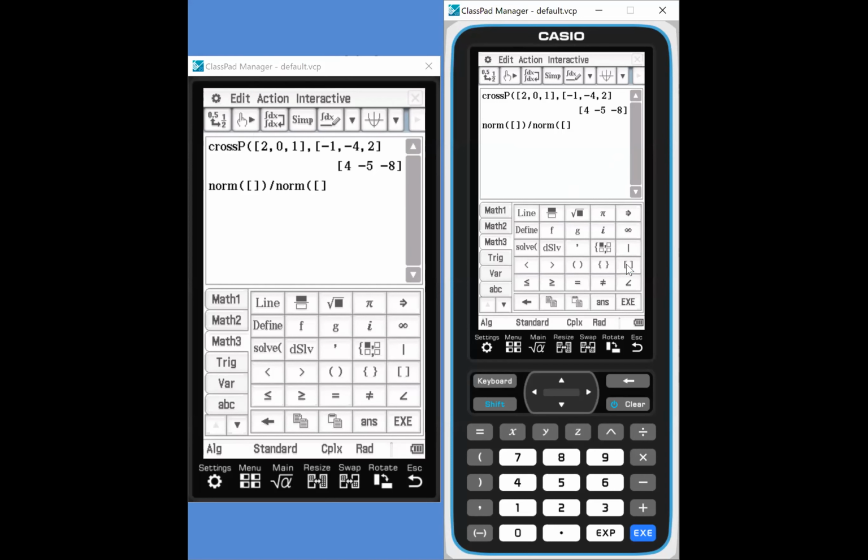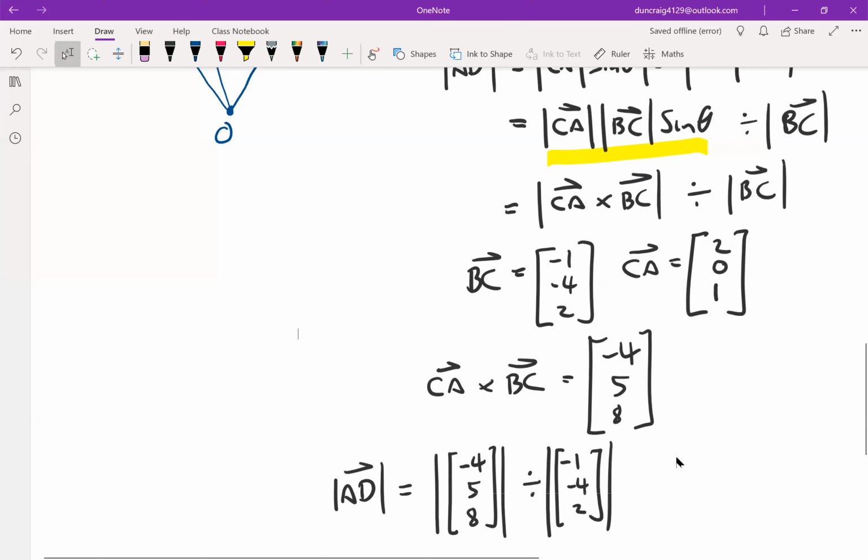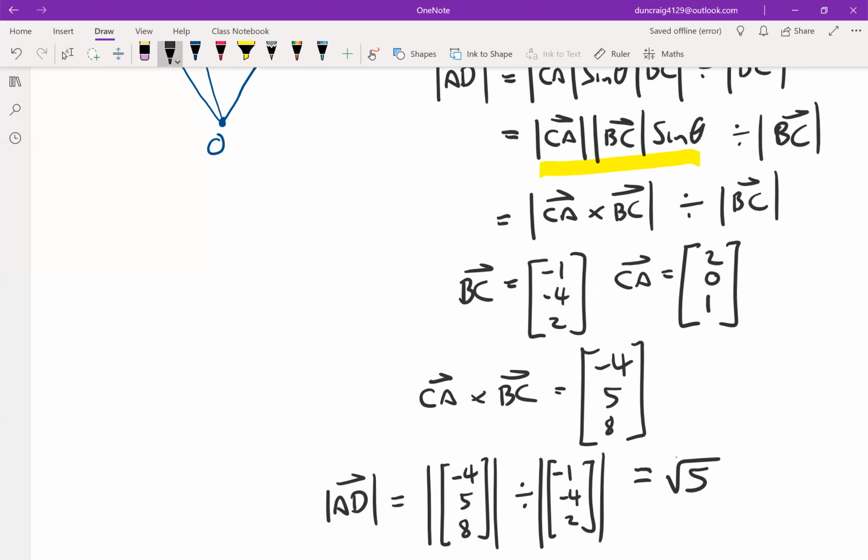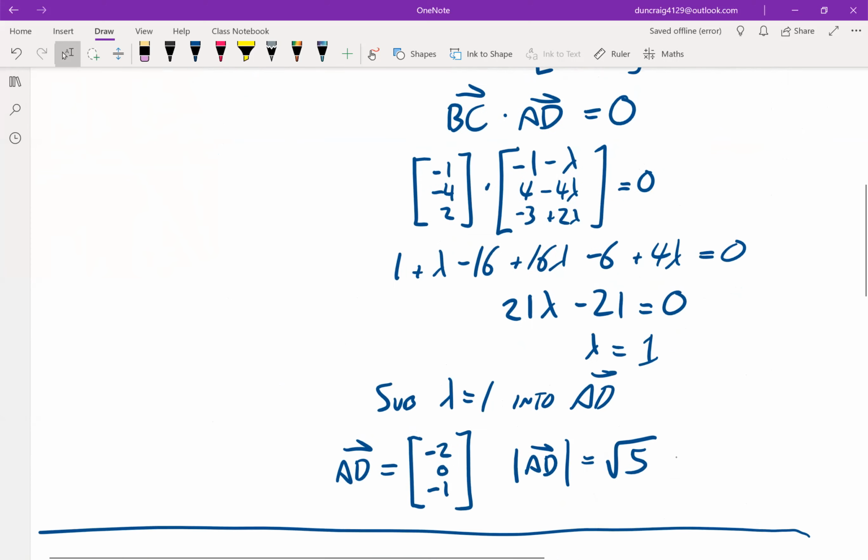All right, so norm is going to do the magnitude for me. And so the two were -4, 5, 8 divided by -1, -4, 2. Let's see what it does. Oh, look at that. How cool is that? Root 5, same answer as before. Cool. So we come here and go equals the square root of 5, our same solution as what we got before.